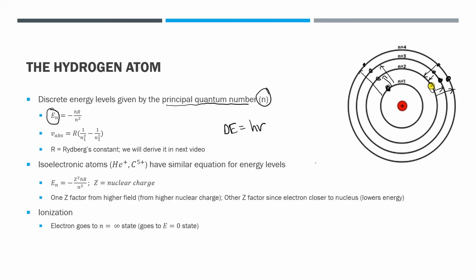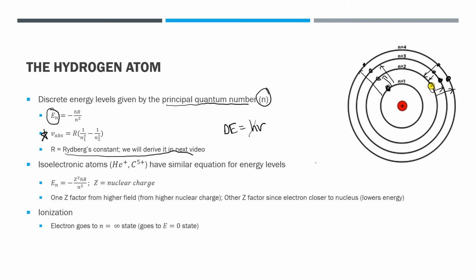That's what this equation gives us. It tells us that the frequency absorbed is Rydberg's constant, because Planck's constant is eliminated when we divide by h, times the difference in the inverse squares of your principal quantum numbers. Again, we'll derive Rydberg's constant in the next video.